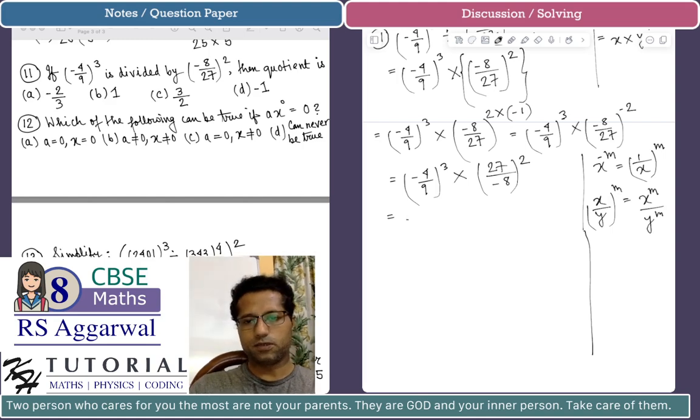So we have minus 4 raised to the power cube divided by 9 cube multiplied by 27 square divided by minus 8 square.